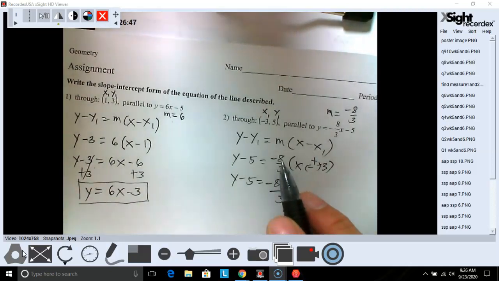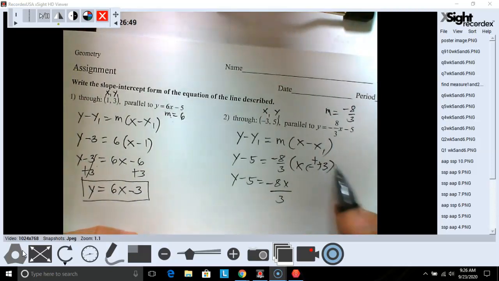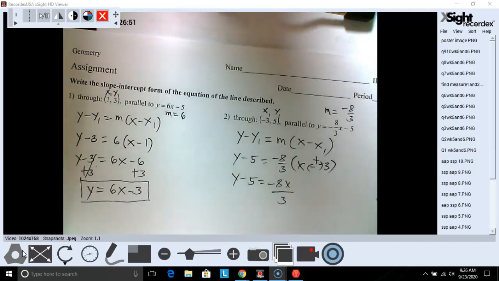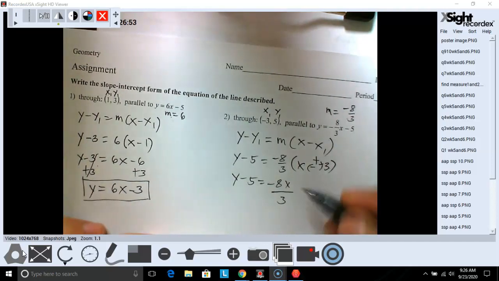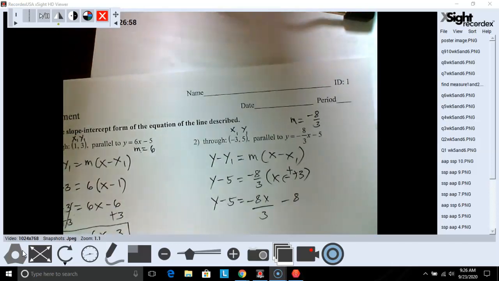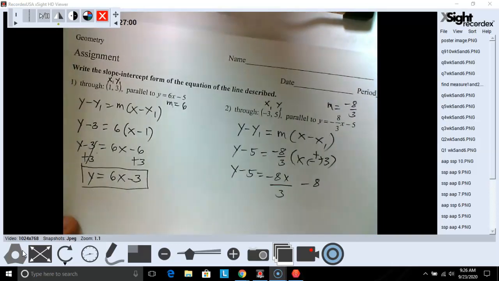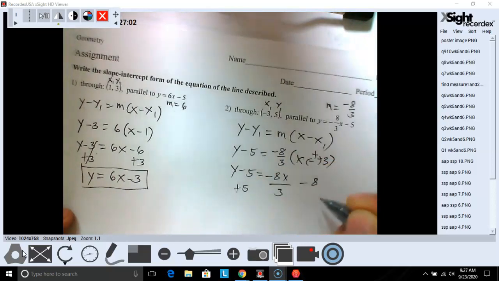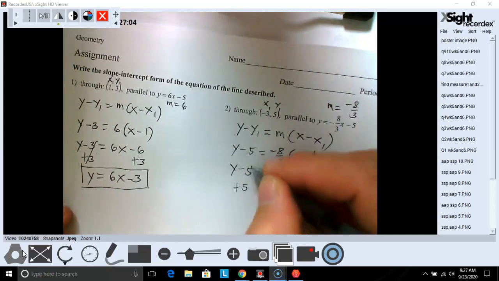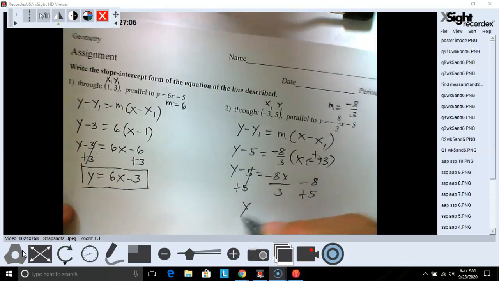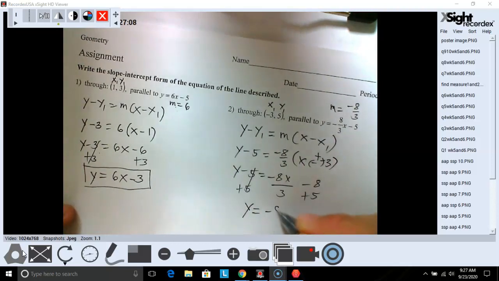If we multiply this to this, the 3 cancels the other out. So minus 8. Process of elimination, plus 3, that cancels out. Therefore, your line will look like this: negative 8 thirds x minus 3.